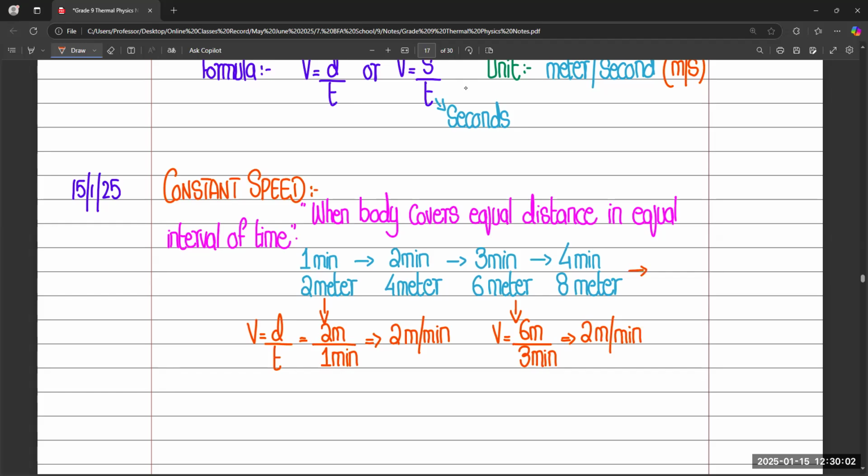In the same way, if we consider the last value, v is equal to 8 meters divided by 4 minutes, which is 2 meters per minute. So we are getting the same answer from each data set value. It means that speed is constant. So this is the concept of constant speed, right? Any confusion?